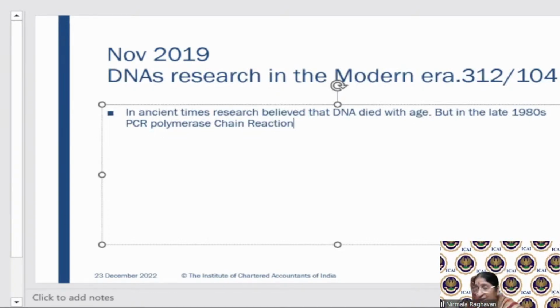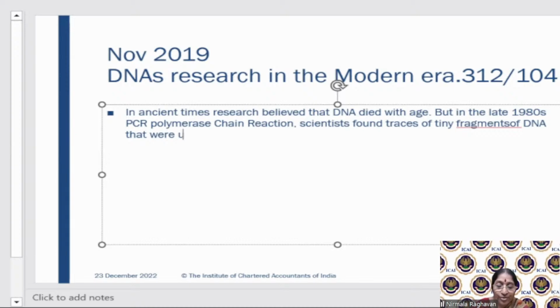See, not that I know these technical terms, but you can just lift them from the passage. Chain reaction, scientists found traces of tiny fragments of DNA that were unharmed by weathering.